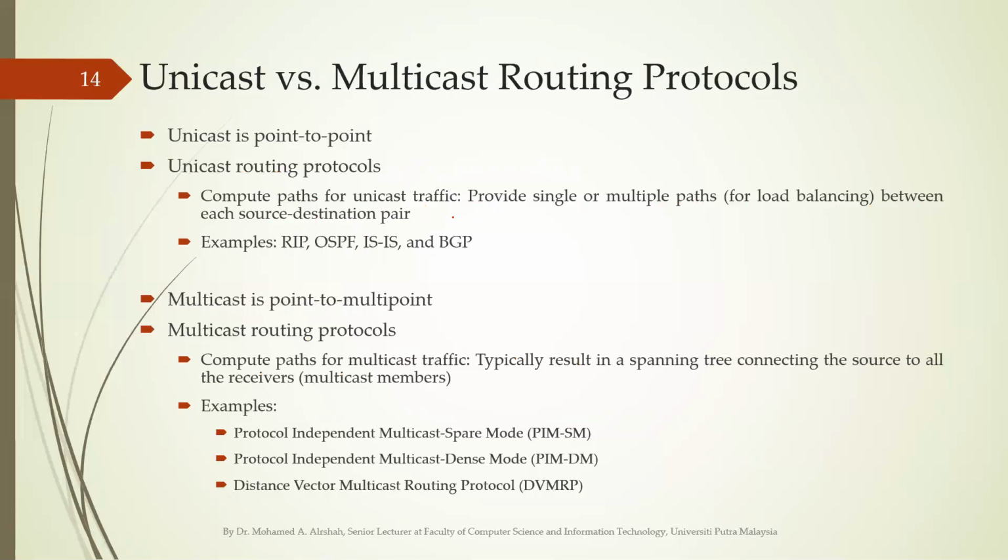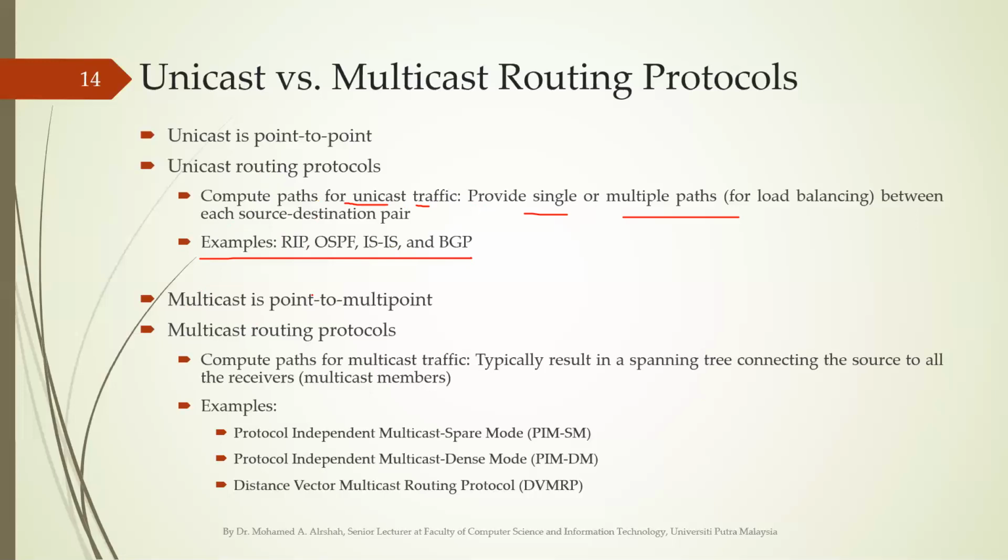So they compute the paths based on the unicast traffic, and can provide single or multiple paths between each two source and destination. Examples of this are RIP, OSPF, IS-IS, and BGP. So all of the common protocols are unicast based.